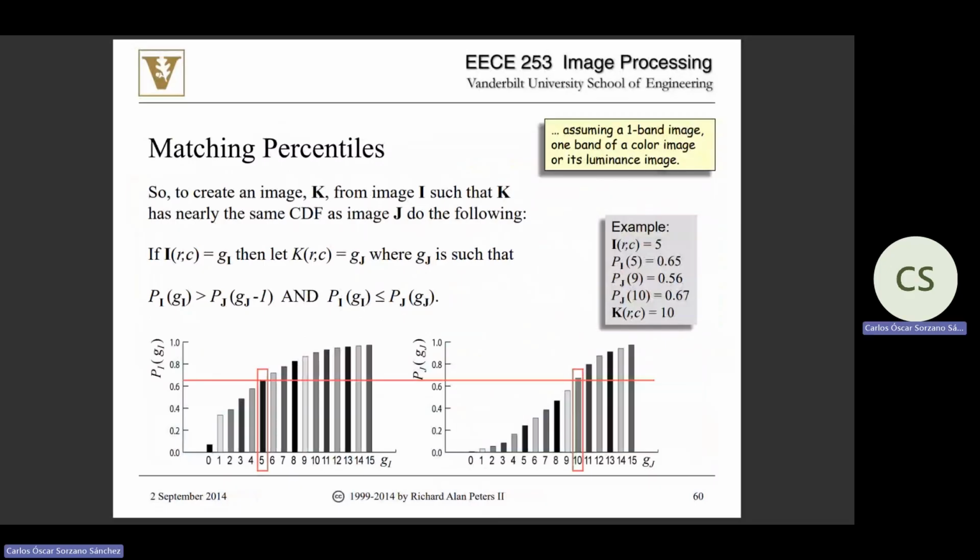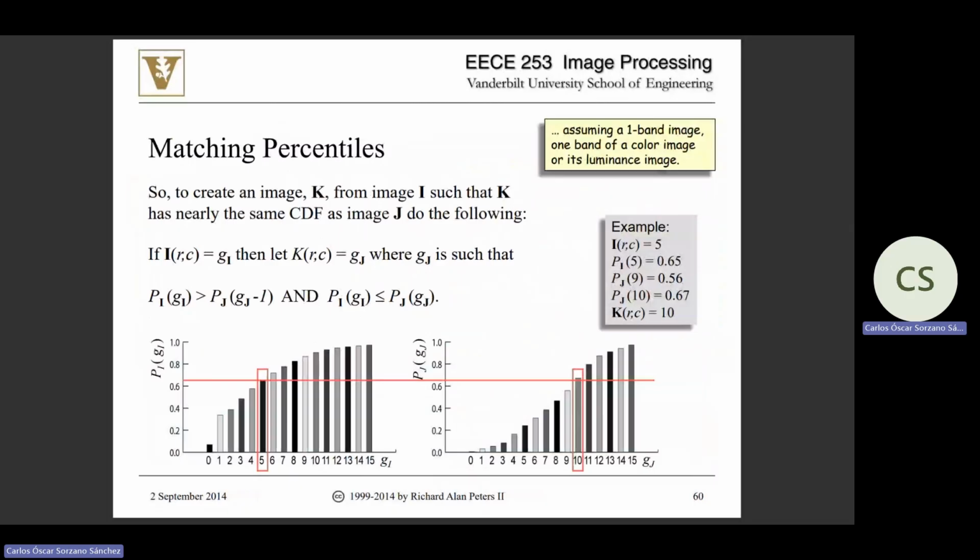I will make the change such that the probability of having a value smaller than or equal to 10 in J is larger than the probability of having a value GJ minus 1, so the 9. So 0.65 has to be larger than this one. Let's say that this one is 0.6.